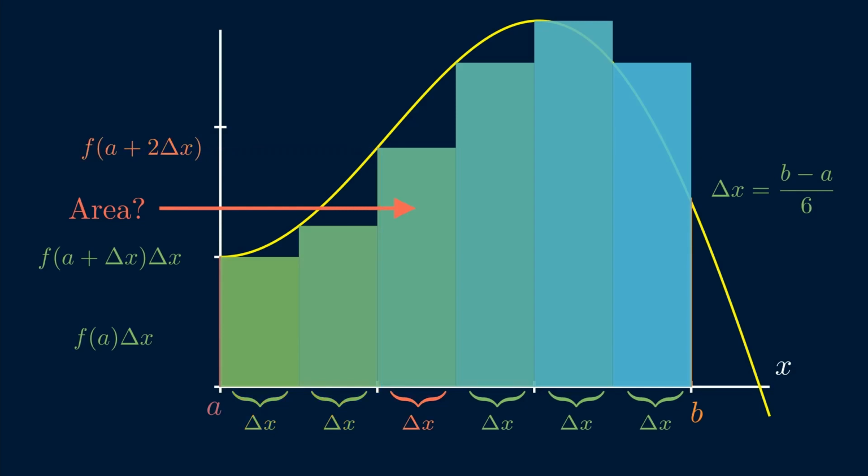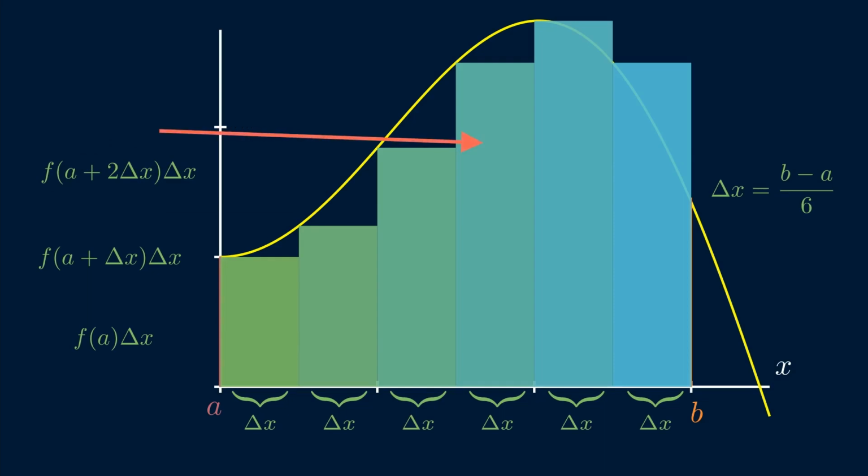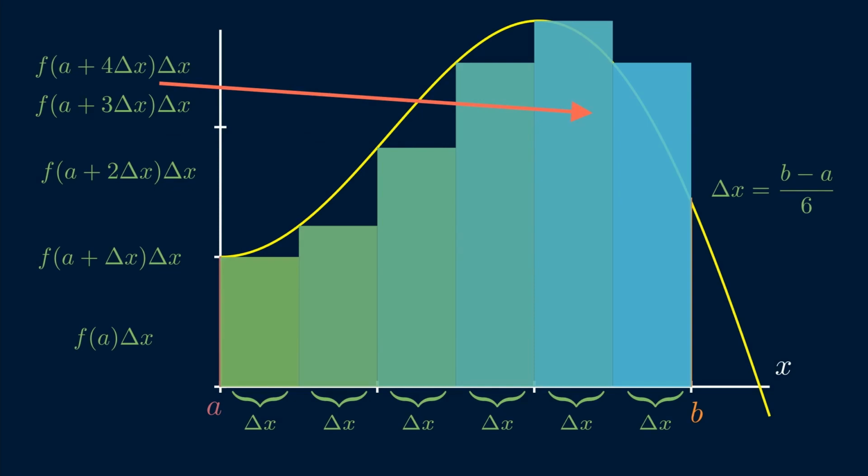So the area of the third rectangle is f of a plus 2 delta x times delta x. This pattern continues, so the area of the fourth rectangle is f of a plus 3 delta x times delta x. The area of the fifth rectangle will be f of a plus 4 delta x times delta x. And finally, the area of the last rectangle will be f of a plus 5 delta x times delta x.